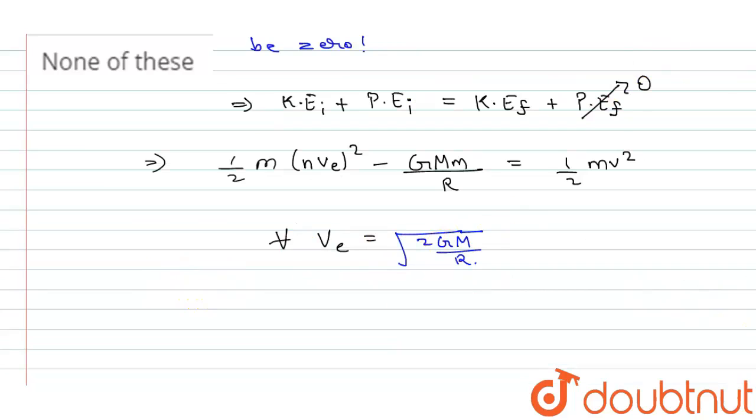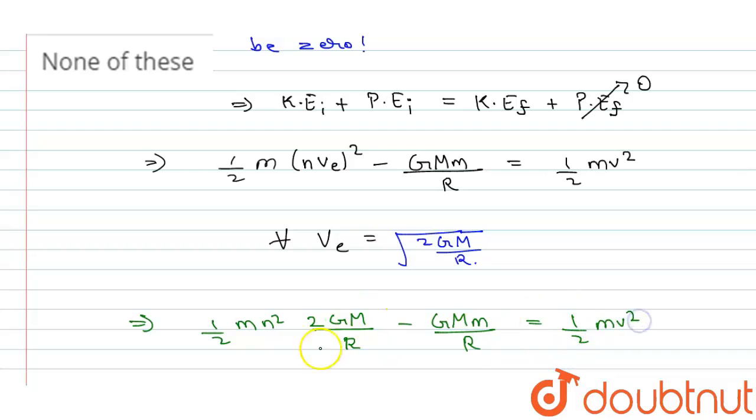Now putting the value of VE in this equation, we get half m n square times 2GM by R minus GMm by R is equal to half m v square. Here in this equation we are just putting the value of VE.